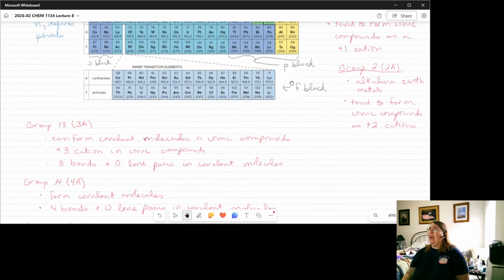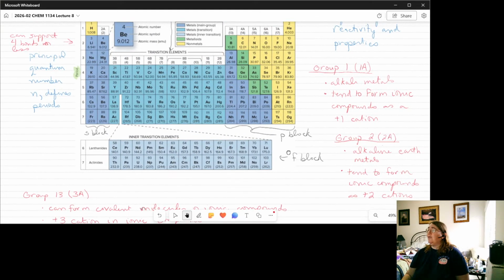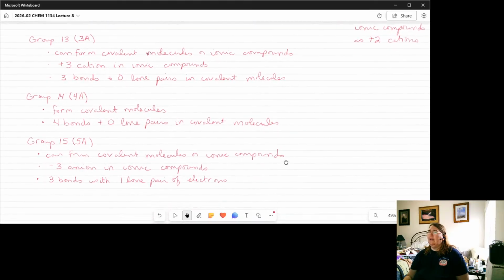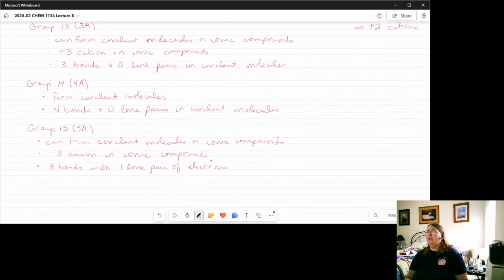Again, when you move down from nitrogen to phosphorus, phosphorus usually will form 3 or 5 bonds. And then arsenic, antimony, bismuth, they're 3 or 5 bonds. So 3 bonds with a lone pair of electrons is nitrogen, and also a stable configuration for others.